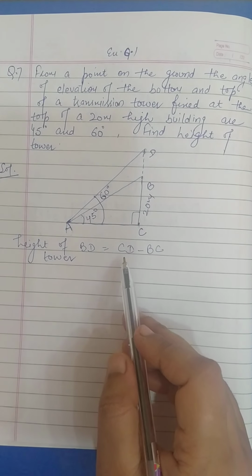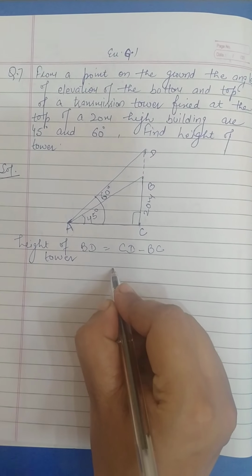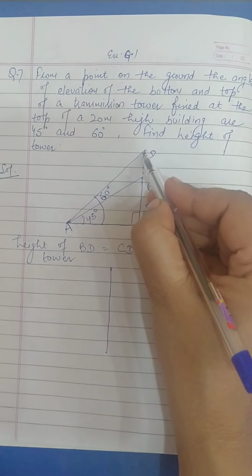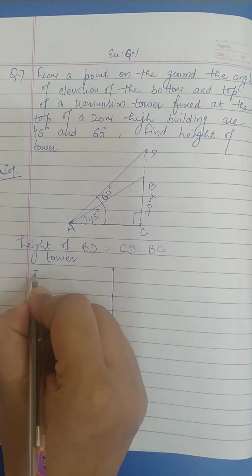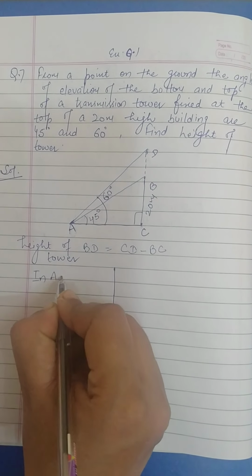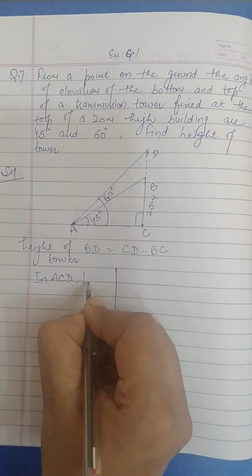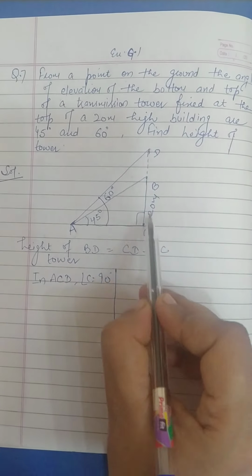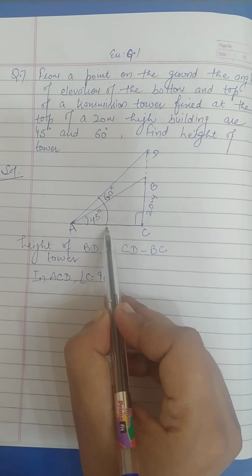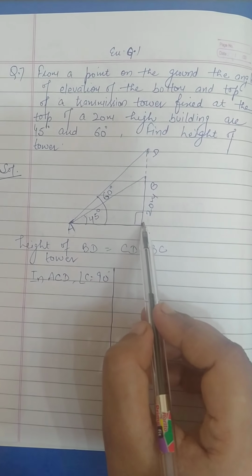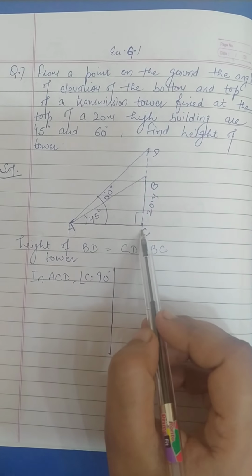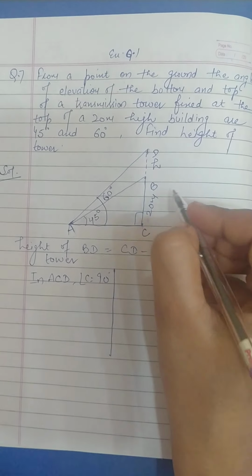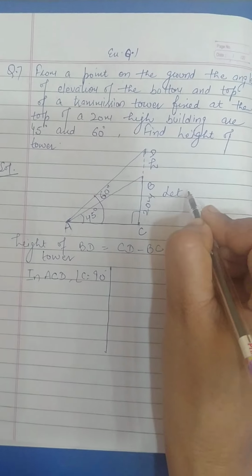Now let us find CD first. Now CD is a side of which right angle triangle? Already we discussed CD is a side of right angle triangle ACD. Angle C is 90. Here they have used angle ACD as 60, with the help of perpendicular, but the whole perpendicular is not given to us, so we can take let BD is equal to h.